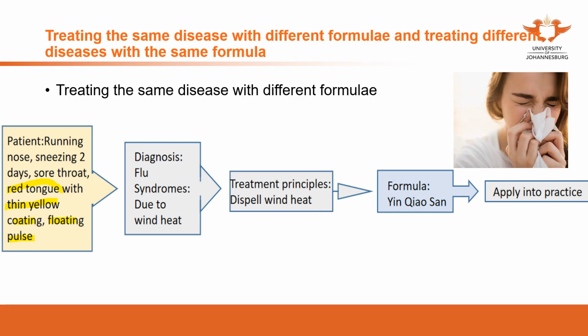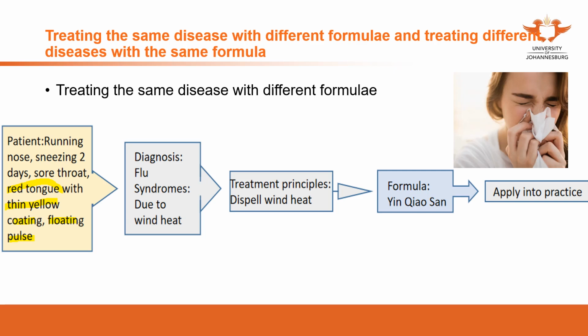After we study the theories in future, you will know why it's wind heat: because of the floating pulse and also because the yellow color and red tongue indicate a heat condition. So this flu was due to wind heat. That's the syndrome. The treatment principle is to dispel wind heat.